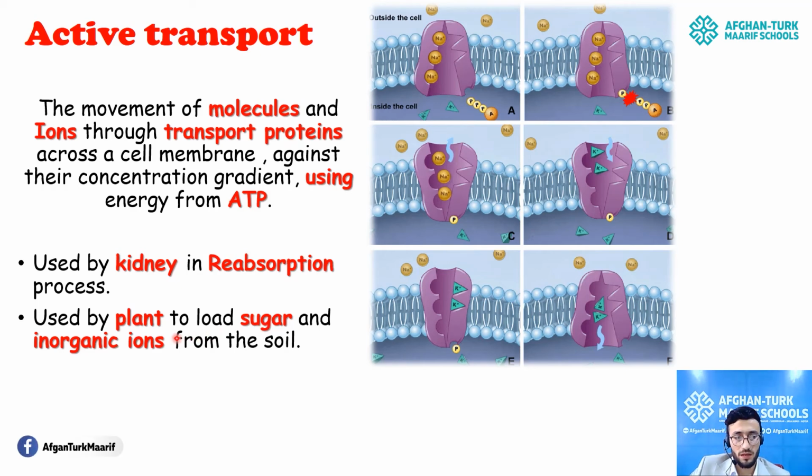Also, the plant needs to reabsorb inorganic ions from the soil by root hairs. So active transport is used by kidney nephrons to reabsorb different types of important molecules and ions, and by plants to load sugar from photosynthesizing cells and to absorb inorganic ions from the soil.